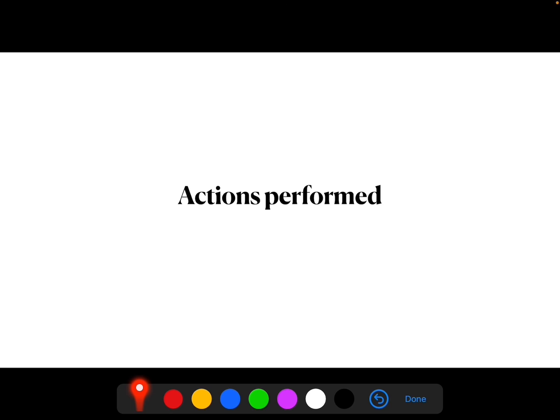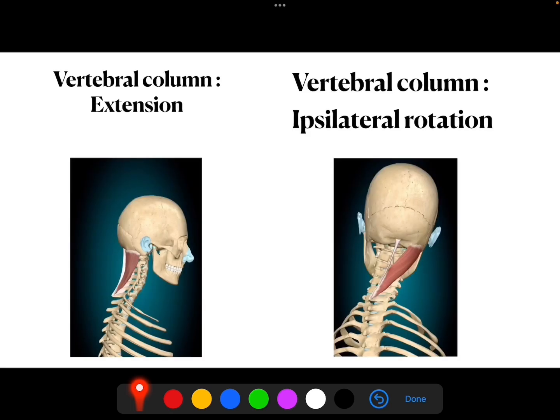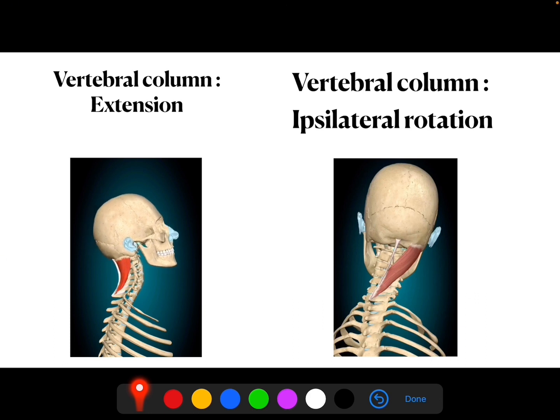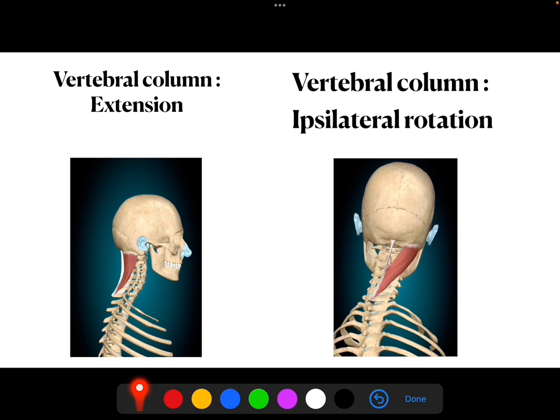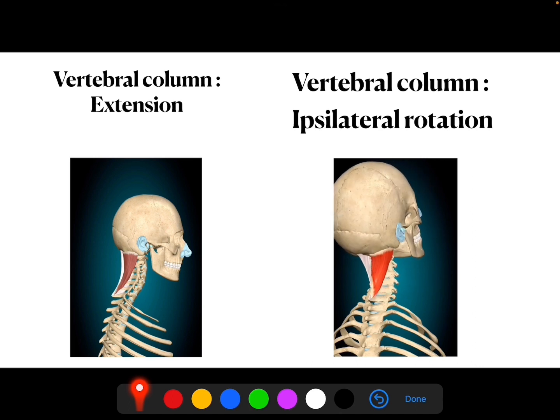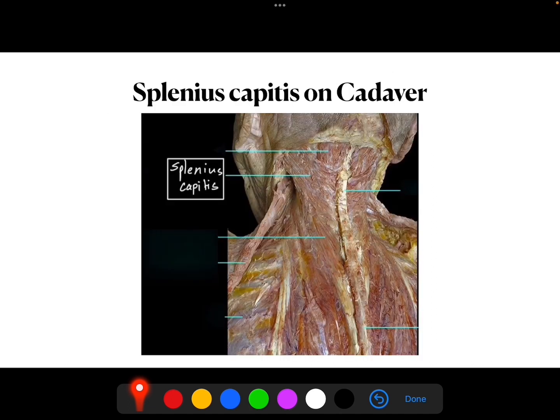Actions performed by this muscle: extension of vertebral column, ipsilateral rotation of the vertebral column. This is what it looks like on the cadaver.